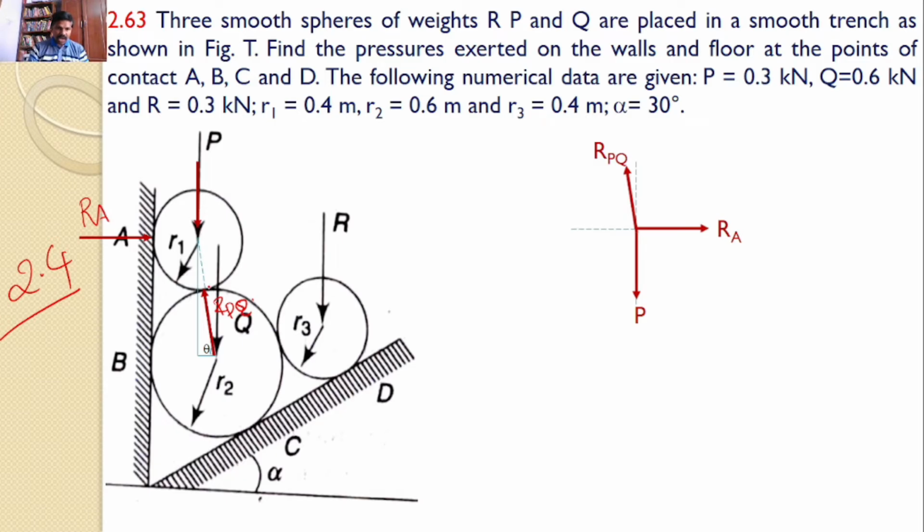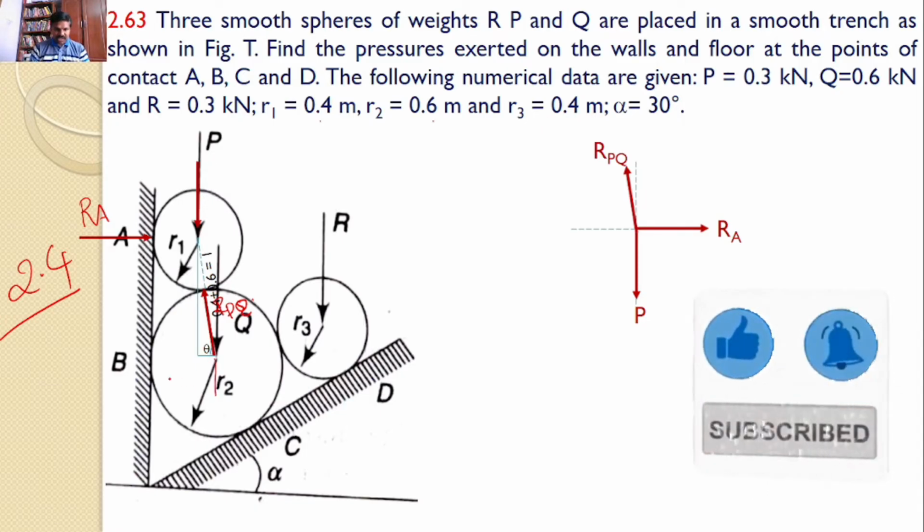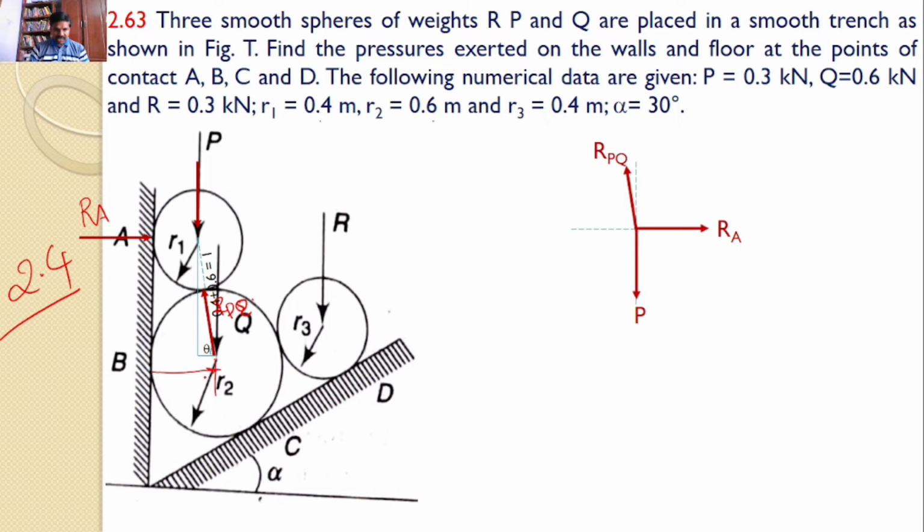This distance is equal to R1 plus R2. Given that R1 is 0.4 meters, R2 is 0.6 meters, this value is 0.4 plus 0.6, that is equal to 1. Coming to this horizontal distance, you know the total distance is R2 and you know this distance is R1. Hence the horizontal distance becomes R2 minus R1, that is 0.6 minus 0.4, which gives the value of 0.2.